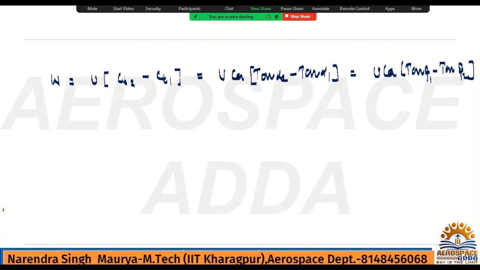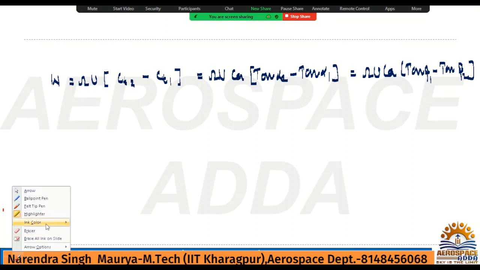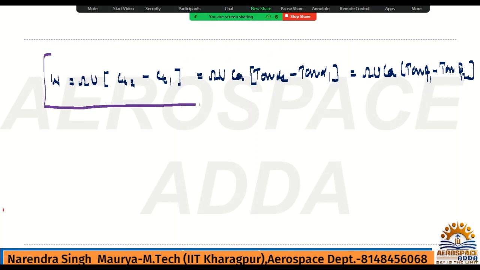Okay, all right. Anyway, now if the work done factor is given, then multiply it everywhere. If they have not given it, consider 1. Okay, ideally it is 1. This is the work input to the compressor.